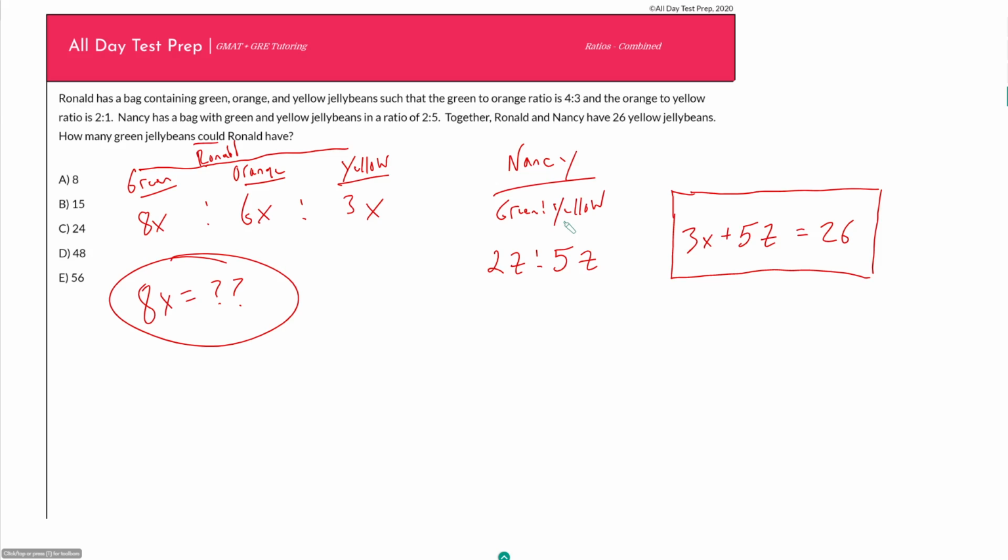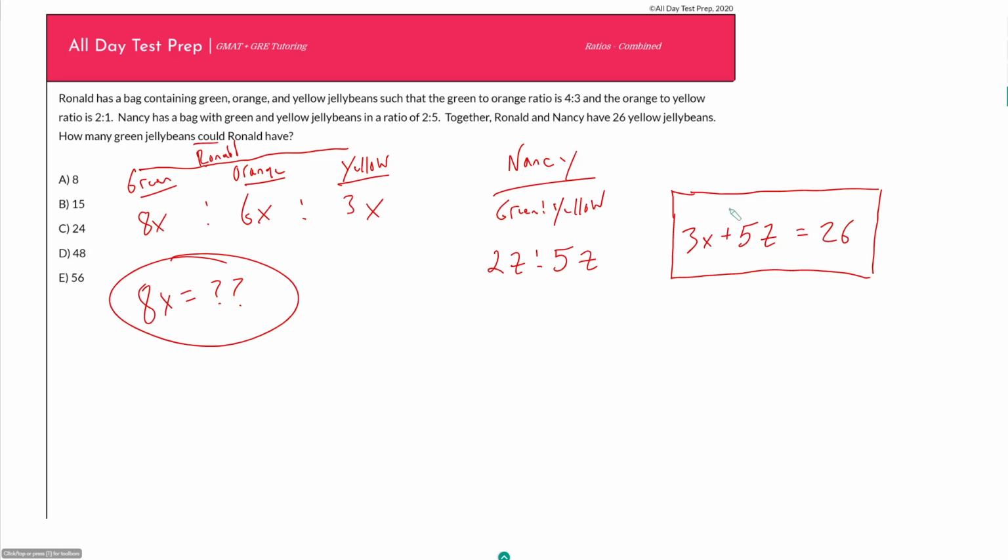We're assuming that we don't have any partial jelly beans here. So given that, I think it's safe to say this means we have some multiple of 3 plus some multiple of 5, which is equal to 26. And if x and z could be anything, there would be infinite possibilities here.